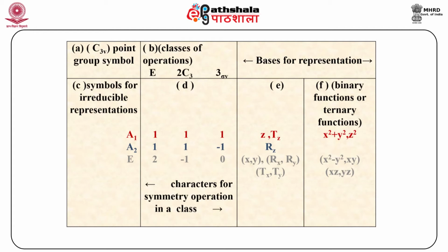Section F gives the binary or ternary functions as the basis for representation. These can be x squared plus y squared, x squared, x squared minus y squared, xy, xz, yz. So this is the correct table.